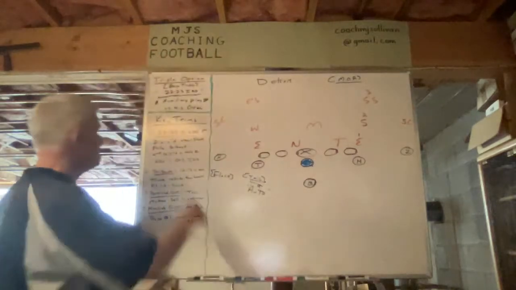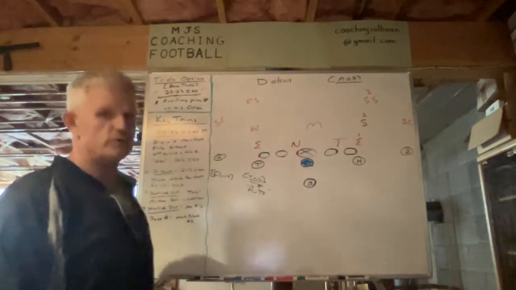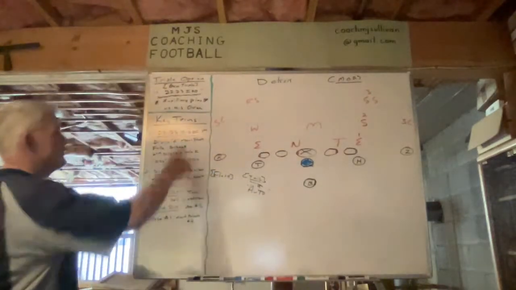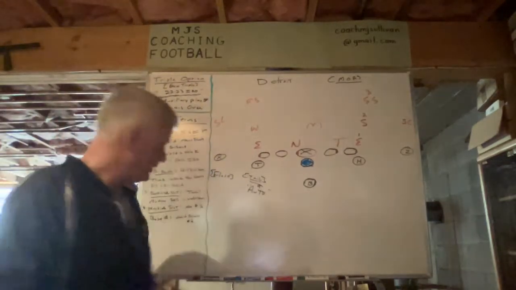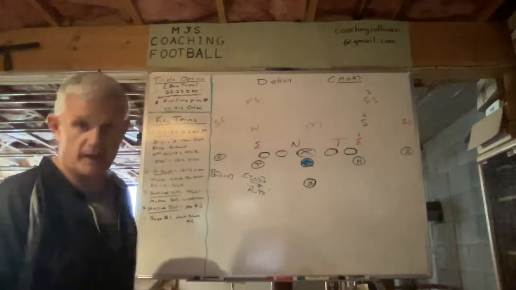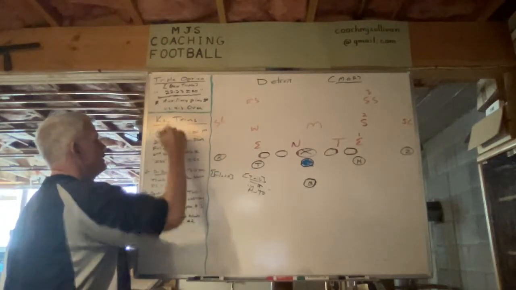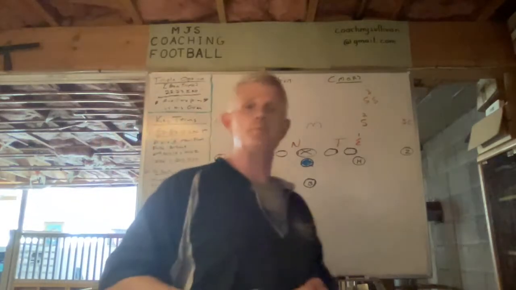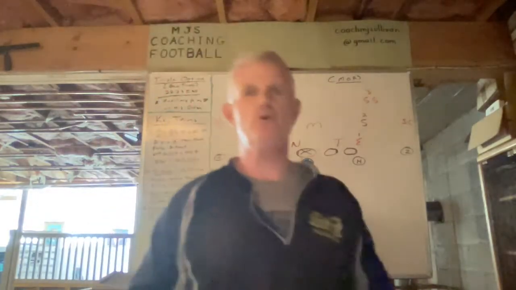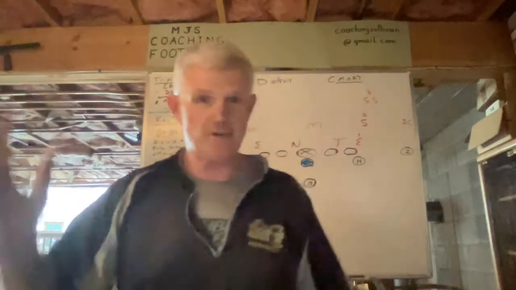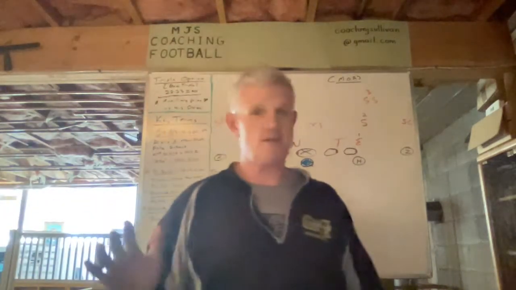So the first key term is 22-23 ISO itself. What does that mean? The first digit, the 2, means it's a flash fake. In our system, anytime the running play begins with the number 2, it tells the B back and the quarterback it's a flash fake. There's no read. The B back's not getting the football.